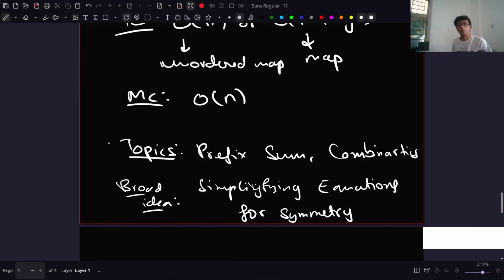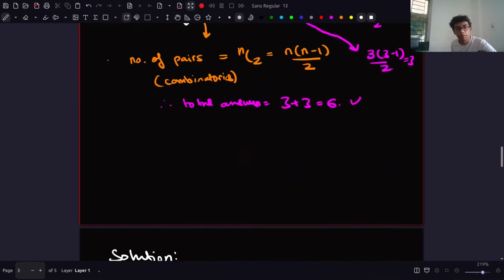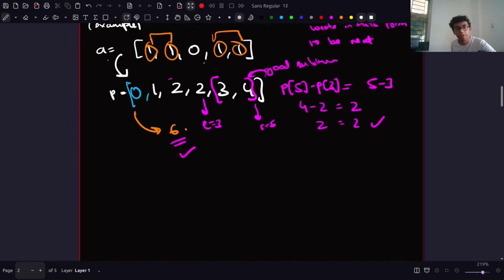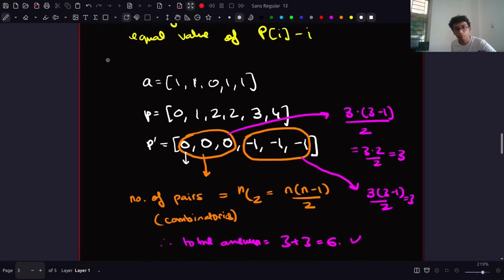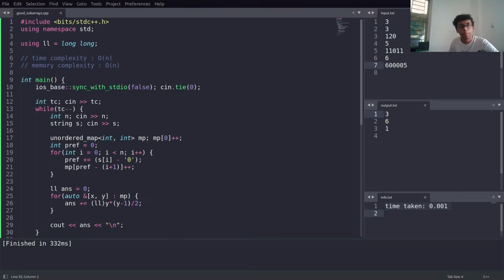This is helpful in several DP problems when you want to simplify your DP state and count how many times a particular state occurs. Alright, so that's about it for this question. Let's have a quick look at the code to know exactly how to implement it.